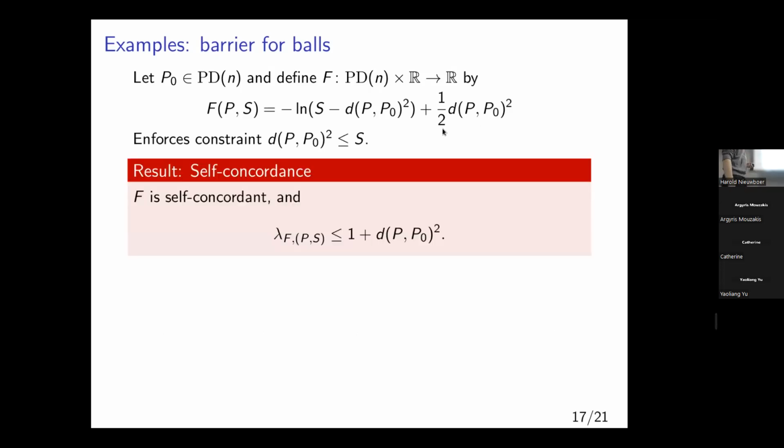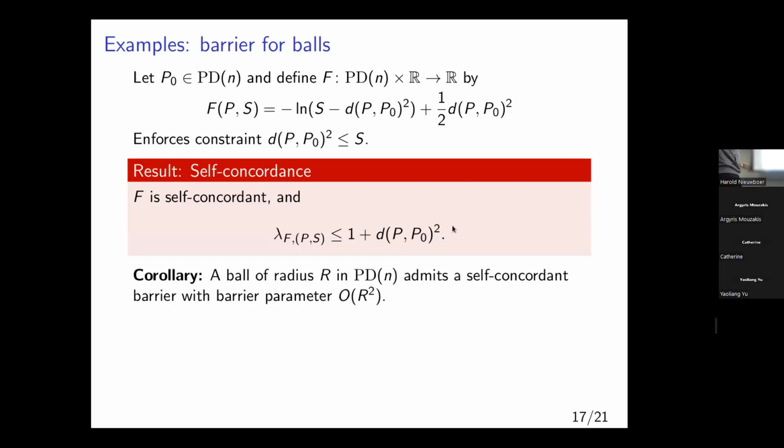You can show that this is self-concordant, and its Newton decrement at a specific point is bounded by something that scales with the distance squared to this point. Maybe I'm off by a square. What this statement tells you essentially is that a ball of radius r admits a self-concordant barrier whose barrier parameter is of order r squared.